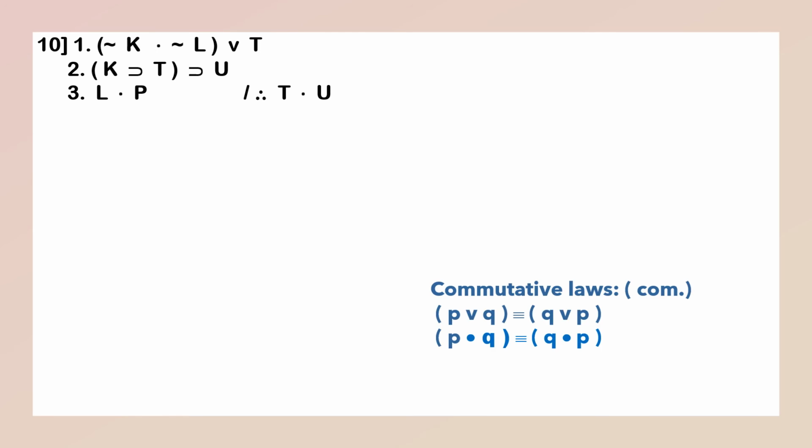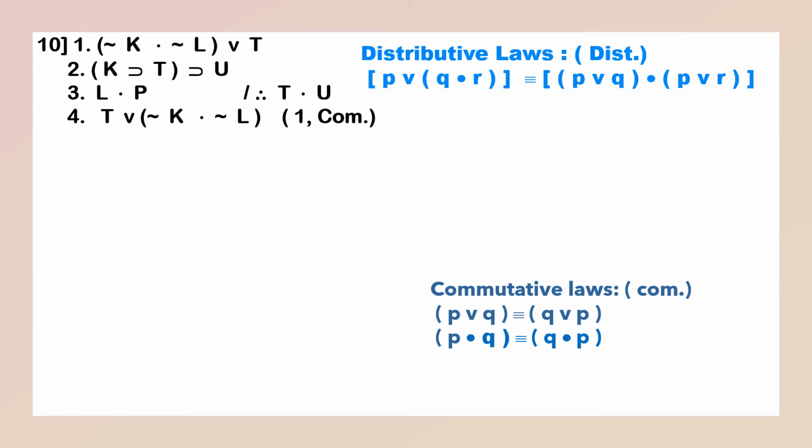Okay, what you have to do here is we want T. So what we do is commutative law you can apply. You can get T wedge bracket curl K dot curl L. First commutation. Now you can distribute disjunction over conjunction.